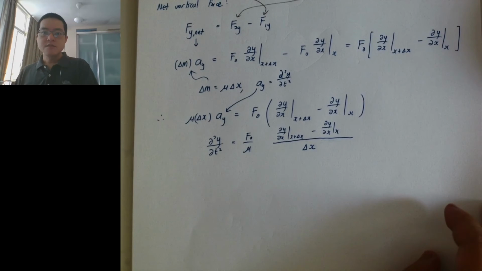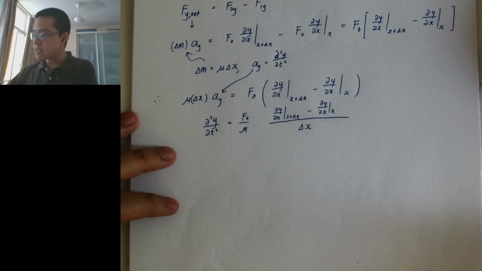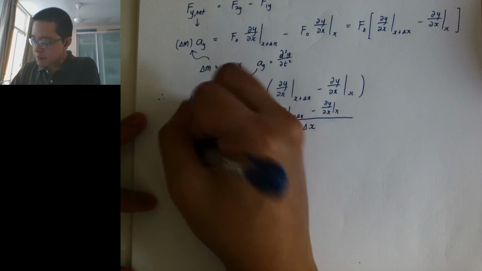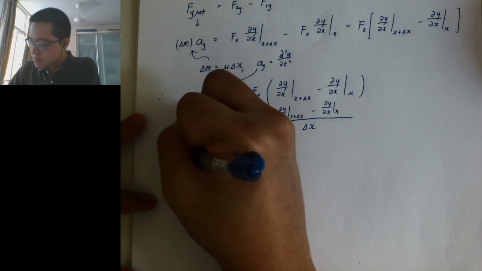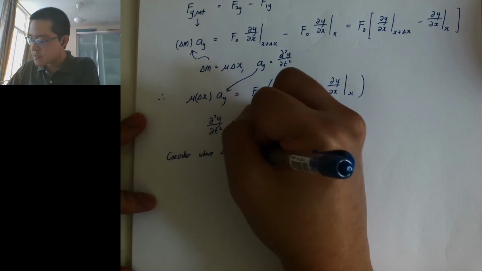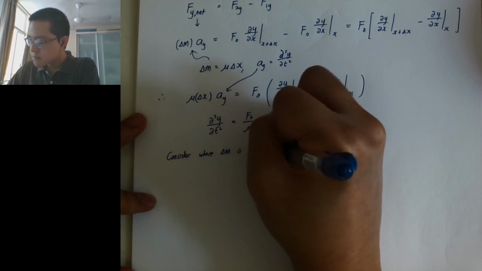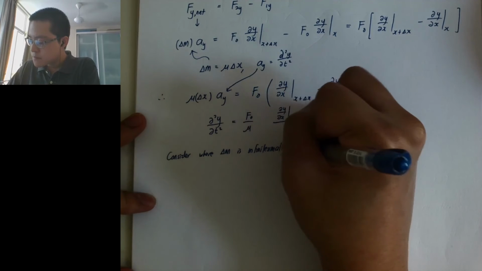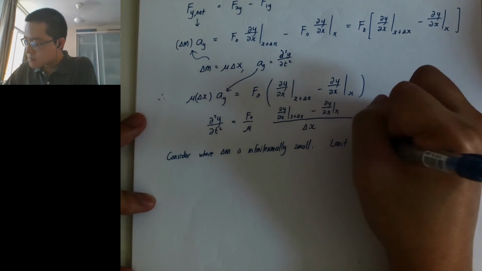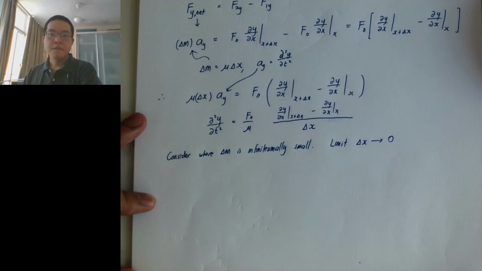Okay. So now we consider an infinitesimal point, right? So this is the equation for a segment. Then what I'm going to do is consider where delta m is infinitesimally small. So take the limit as delta x goes to 0.